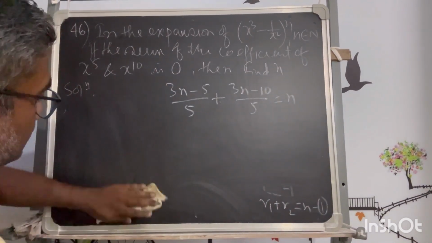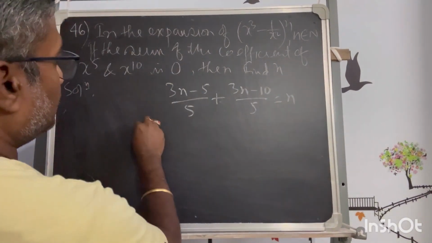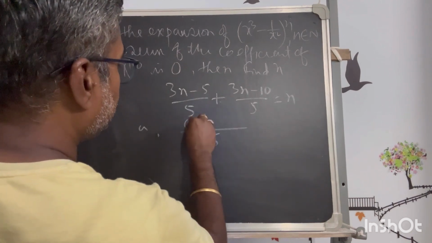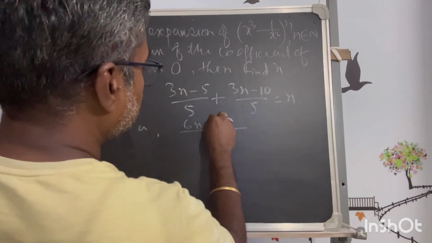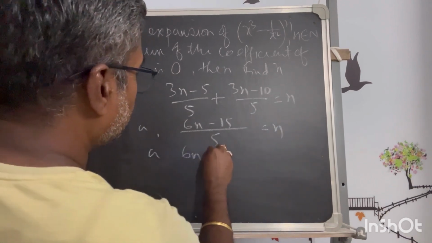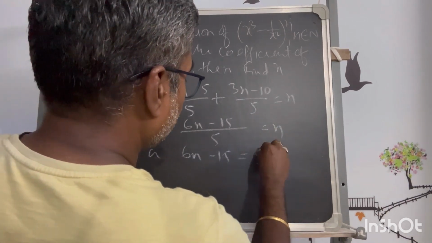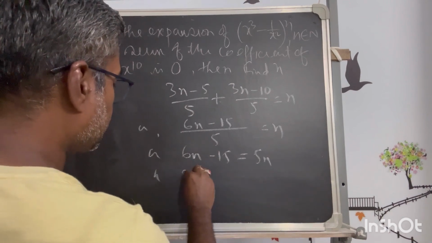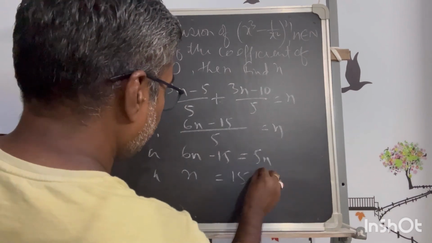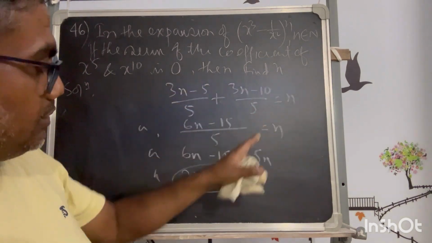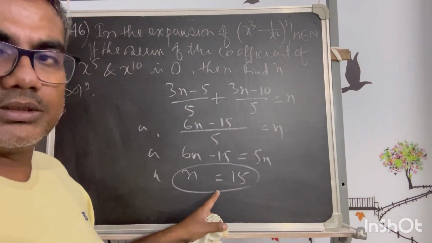Okay, the LCM is 5, so (6n minus 15)/5 is equal to n, or 6n minus 15 is equal to 5n. If I bring n to this side and 15 to the other side, you can see n is equal to 15. So the value of n has been reached here.